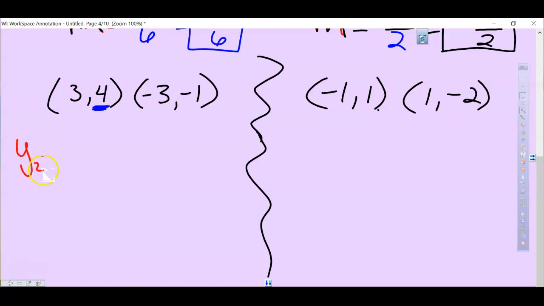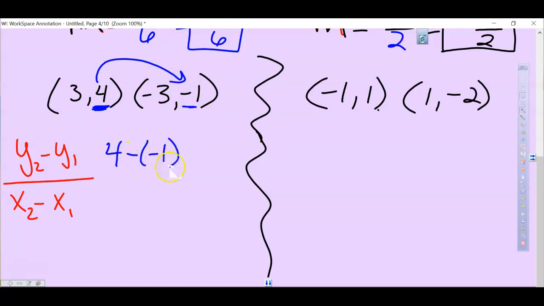So when I go to do my subtraction, again, the fancy looking equation right here, all it means is we're going to take the 2 y values and we're going to take one minus the other. So in this case, we're going to take 4 minus -1. And then we're going to take the x values and do the same thing.